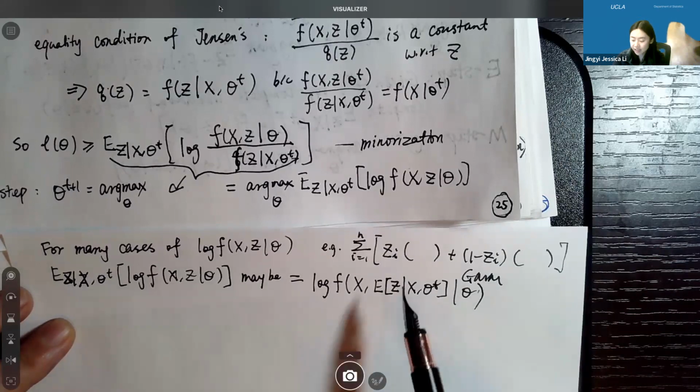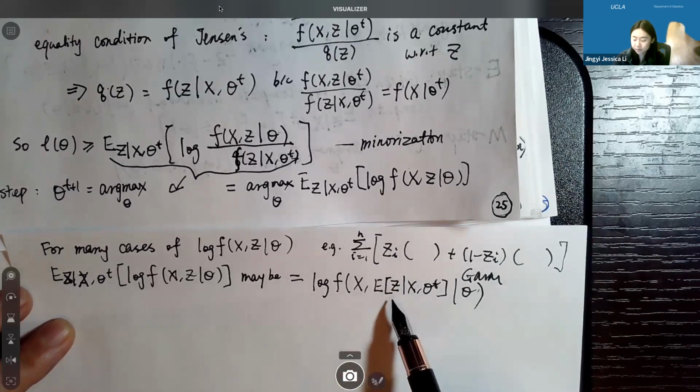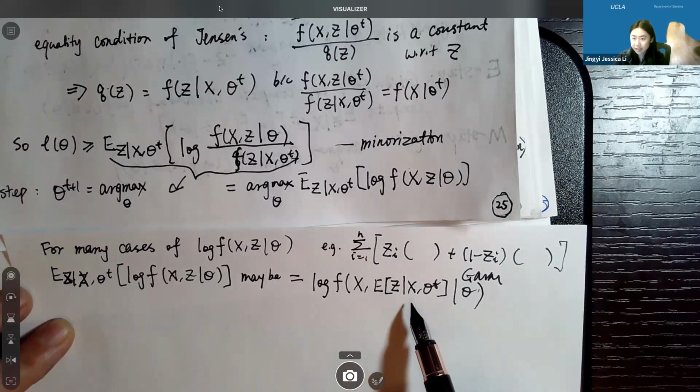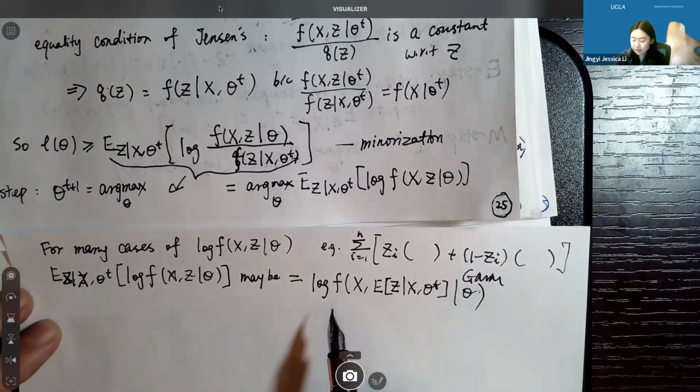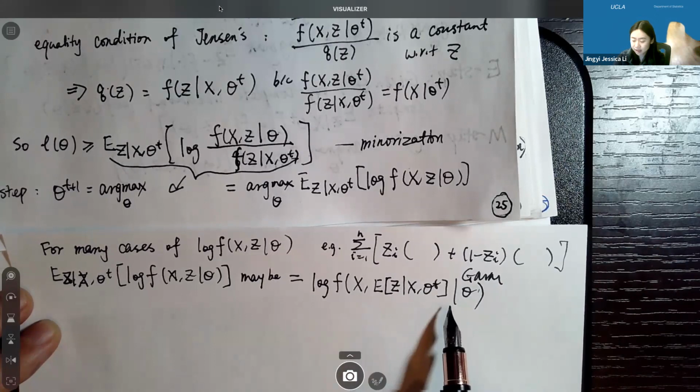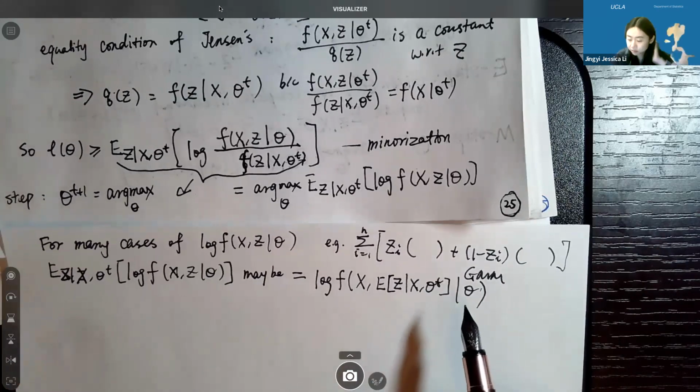And although z itself is not observed, this conditional expectation is computable given the x and given the current parameter theta t. And with that, you just maximize this in the M step using the MLE result.